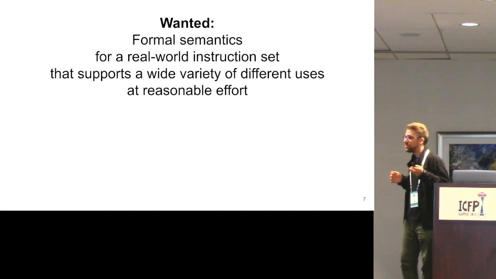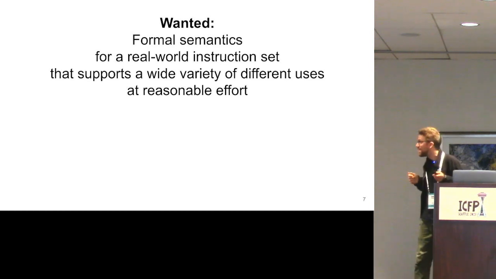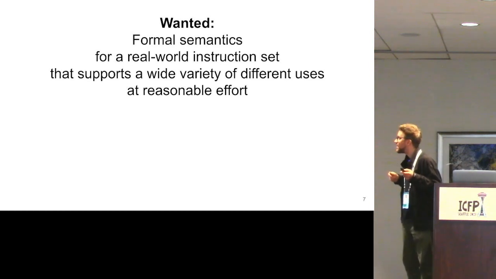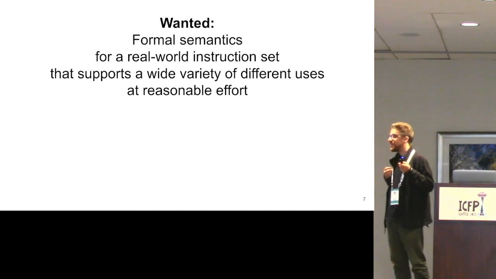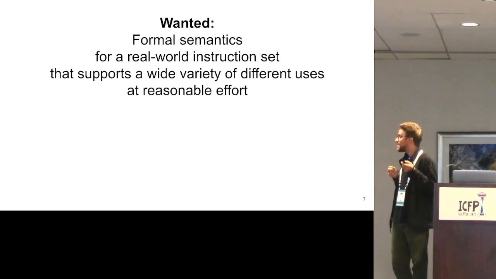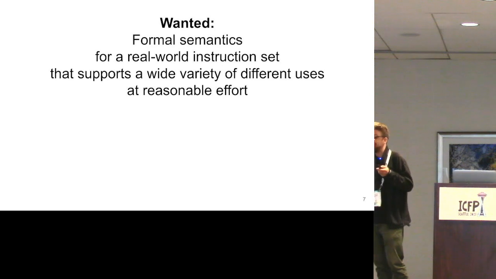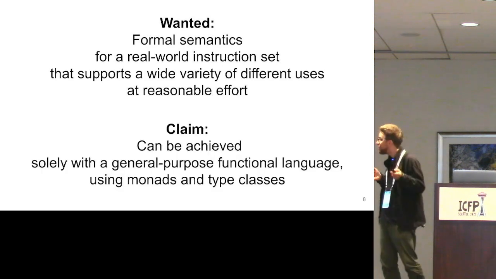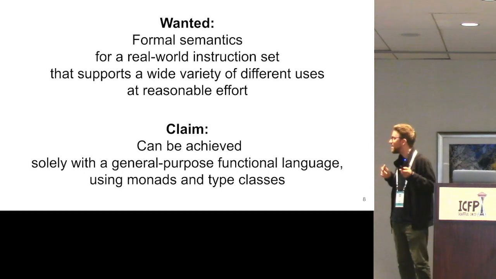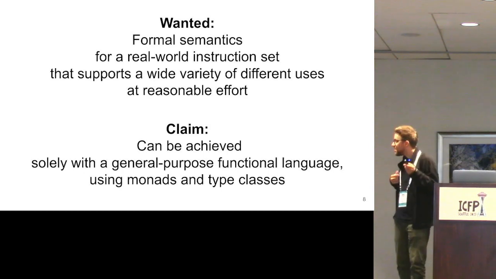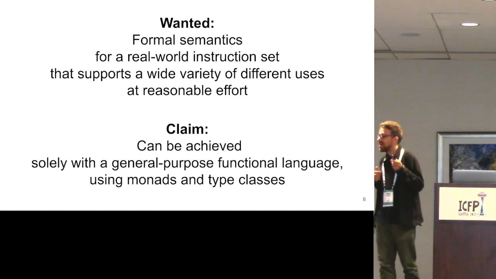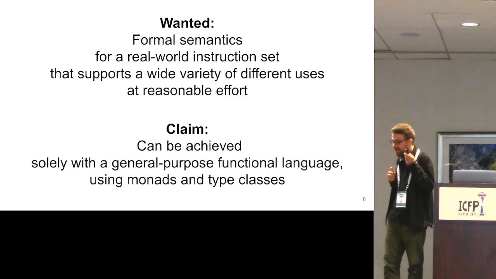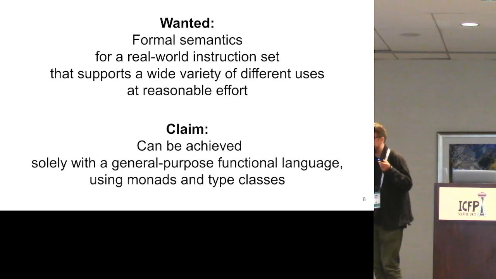Said differently, what we want is a formal semantics for a real-world instruction set that supports a wide variety of different uses at a reasonable effort. And the claim that I want to make here, which ICFP people might appreciate, is that this can be achieved solely with a general-purpose functional language using as key ingredients monads and type classes.